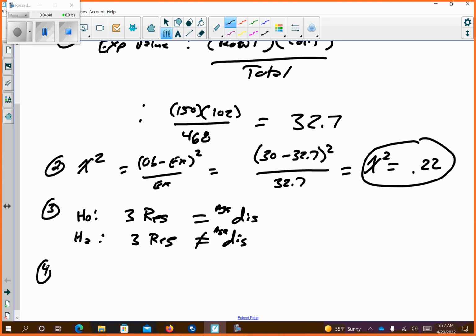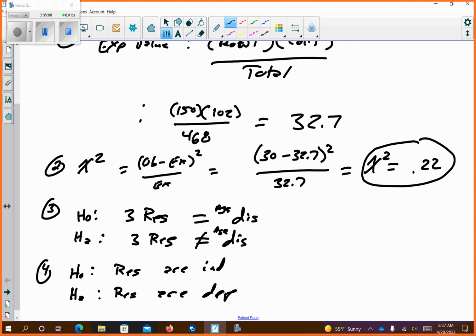And problem number 4, then it changes. State the null and alternative based on the chi-square independence. So H naught, the restaurants are independent. H alternative, restaurants are dependent.